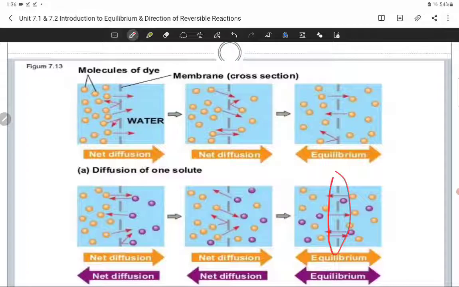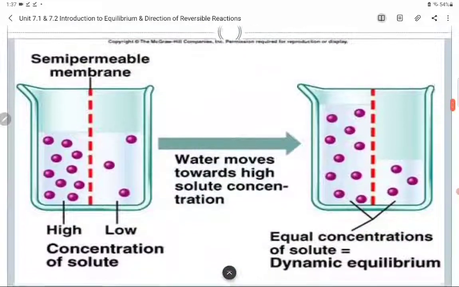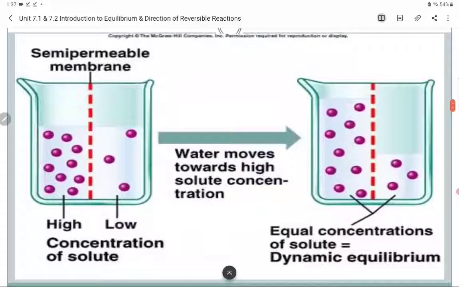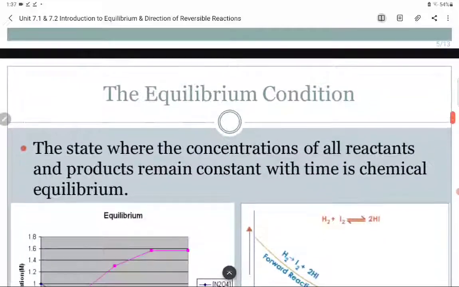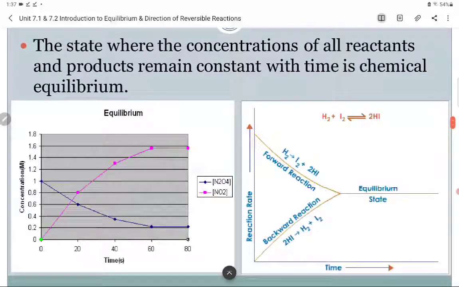But eventually it will reach a dynamic equilibrium as movement is left to right, movement's right to left. So you won't actually see any differences with these solids. Yeah, so osmosis, and you guys talked about this back in biology class. But we're going to talk in terms of chemical reactions mostly, but still some physical processes.